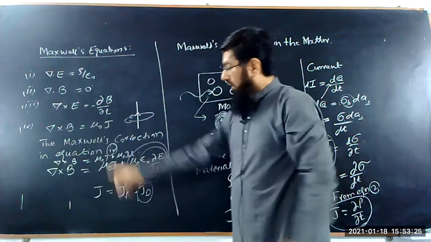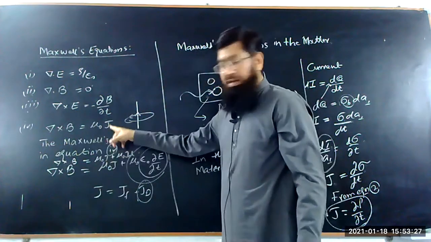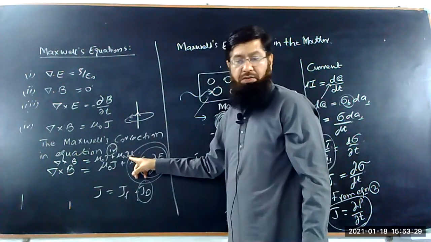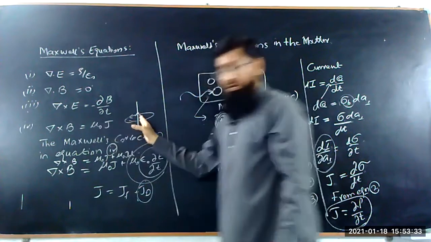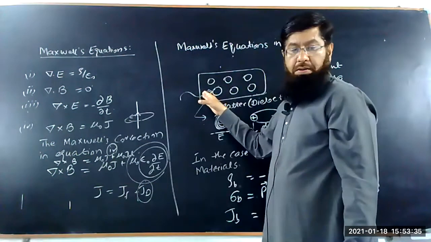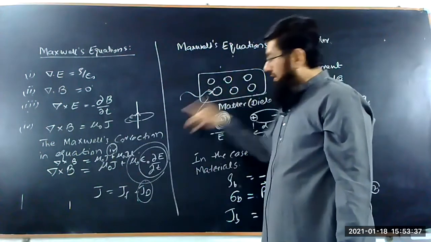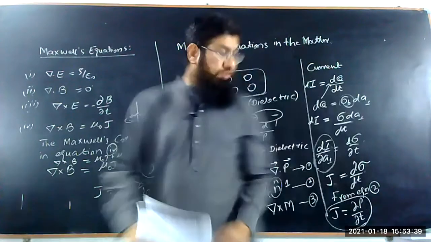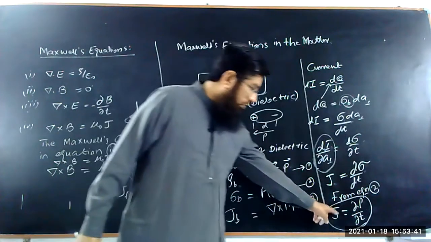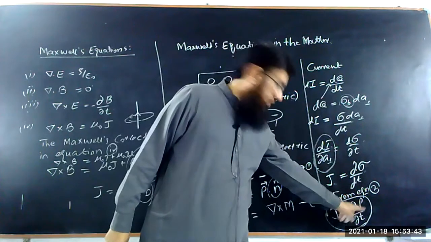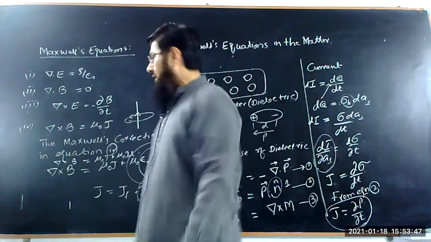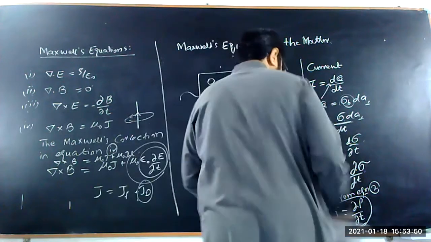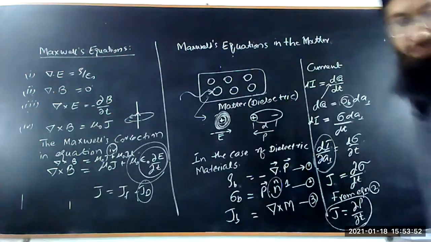It means the total current density is the sum with the displacement current. But if the wave passes through a medium, then another factor is also introduced, which is J due to the polarization, equal to dP over dt. So now we will discuss this in detail.